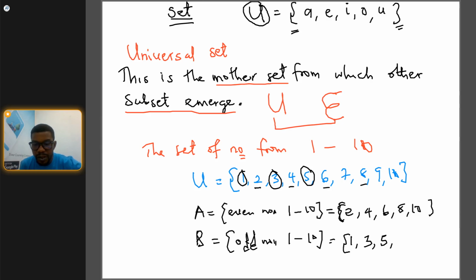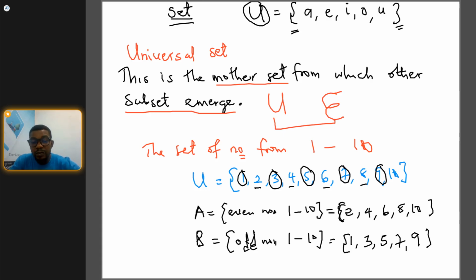I've mentioned 1, 3, and 5, so we still have more within 1 to 10. Okay, we still have 7. 7 is an odd number. Then we have 9. 9 is also an odd number.